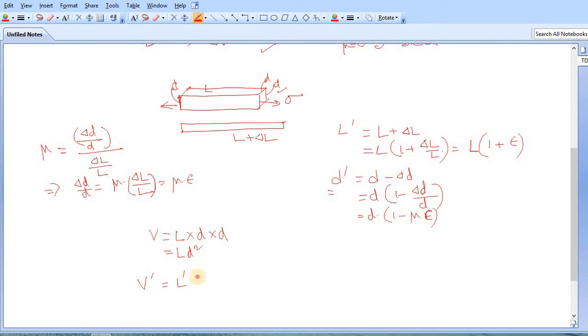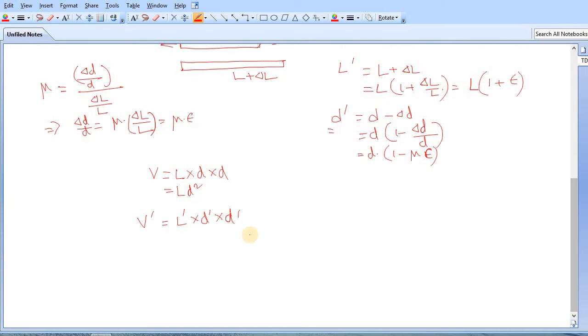L dash into d dash into d dash, no doubt in it. So put L dash, which is L multiplied with 1 plus epsilon, into d dash, so d square into 1 minus mu times epsilon whole square. So L d square into this is coming as your new volume.